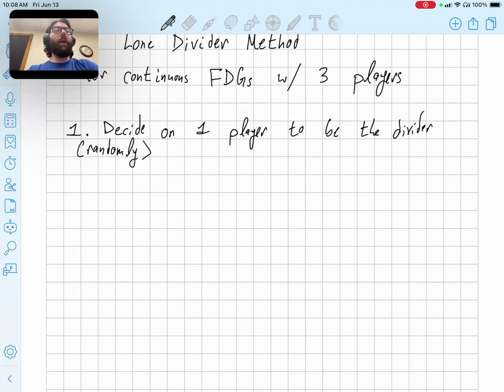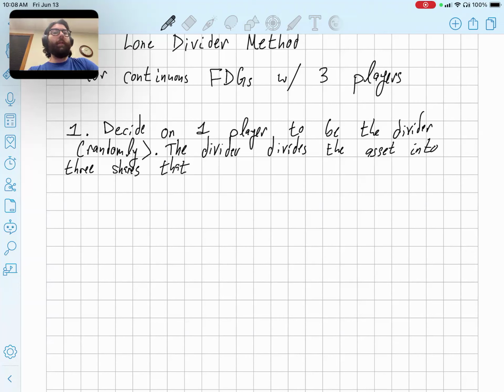And so decide on one player to be the divider. And so the divider divides the asset into 3 shares that are each worth 33 and 1/3% of the total value in the divider's opinion.